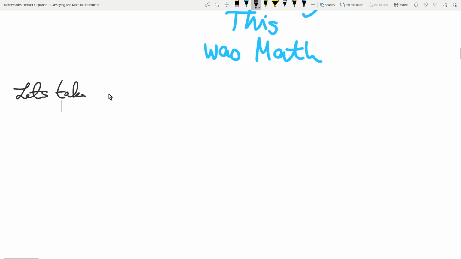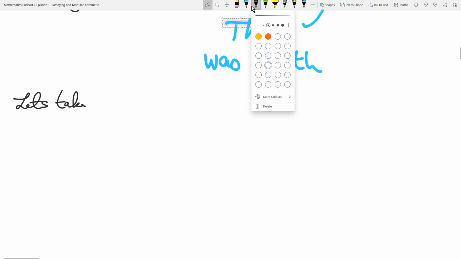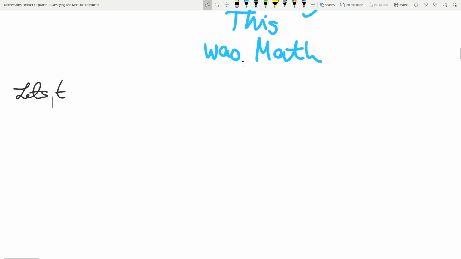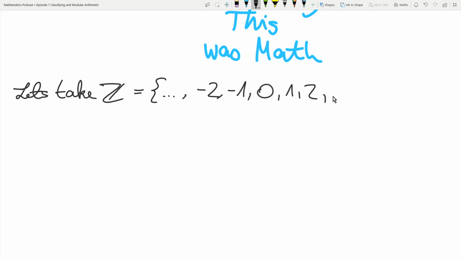Let's take the whole numbers, all the way from negative infinity up to infinity. And as you can see, this is not a finite set. How do we sort through this mess?